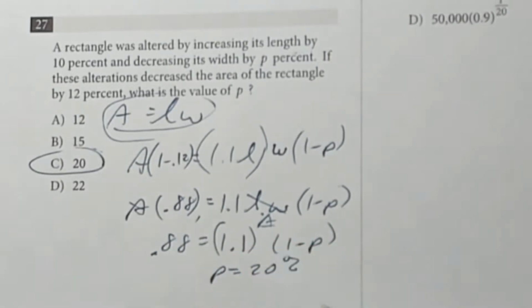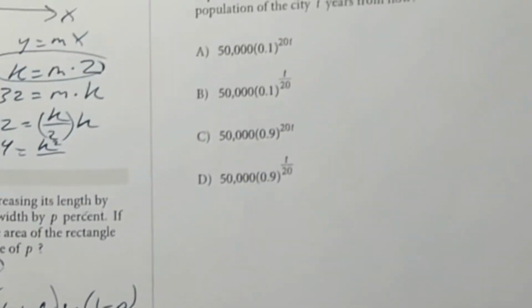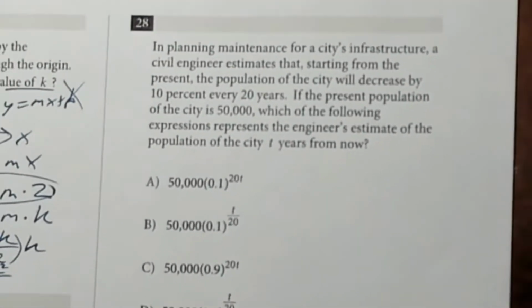To divide in your calculator, you take 0.88 divided by 1.1, and you get 0.8, and that 0.8 is going to equal 1 minus P, and you get your 20%. Actually, you could have done that in your head, no calculator.